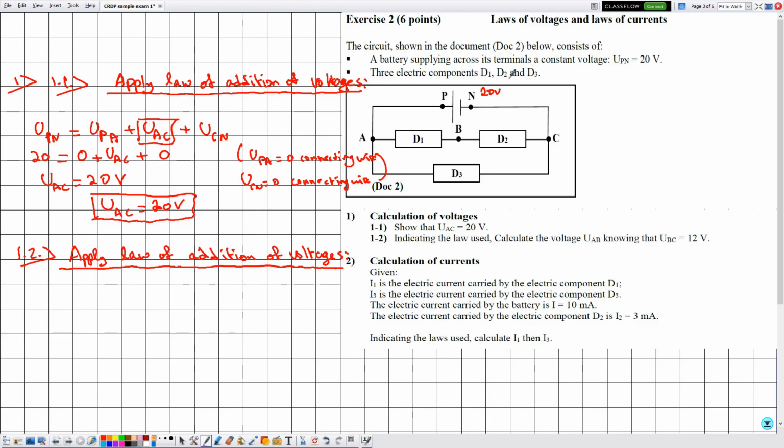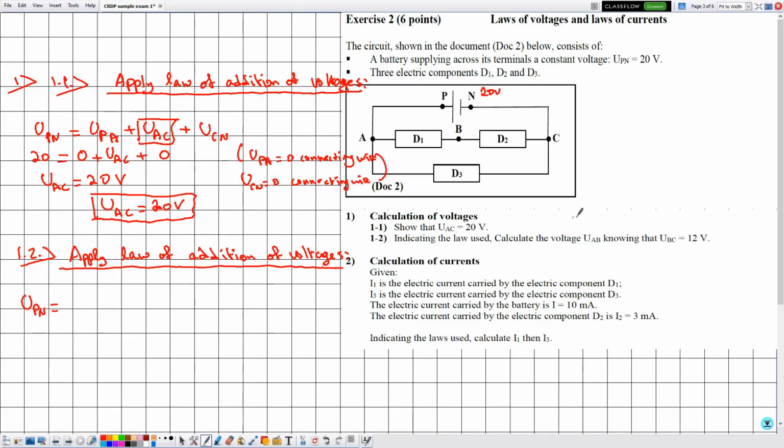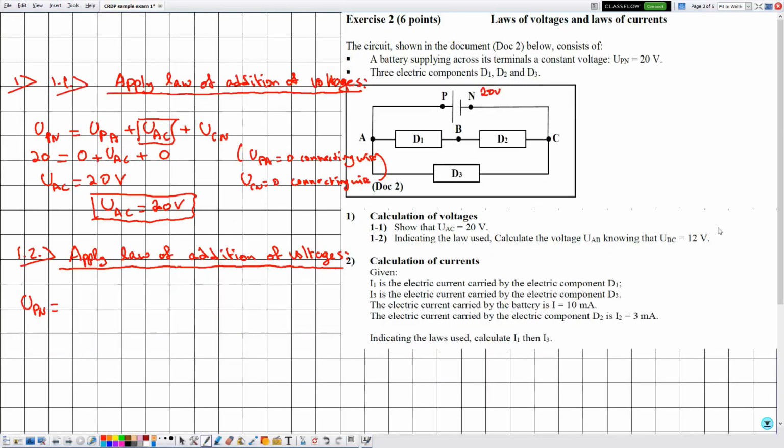Always on the left we write the voltage of the battery, which is UPN. On the right hand side of this equation we write the voltages across different electric components, starting from P and ending with N, making sure that the required voltage, UAB, appears in the equation.